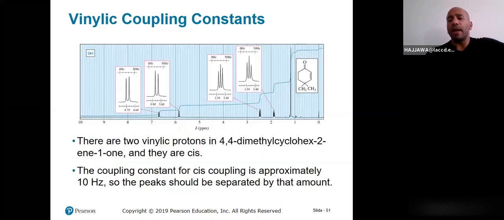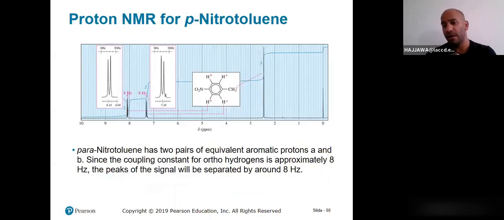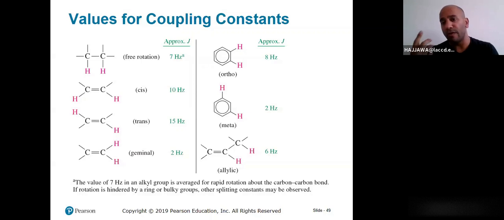Okay. Coupling constant. That's another thing that I would consider if I am debating whether I'm dealing with a cis alkene or a trans alkene. The coupling constant is not something you're going to be asked to calculate, but it's important to keep in mind what it is and what it is about. The coupling constant is a factor that we use to figure out whether we have a doublet of a cis or a doublet of a trans.